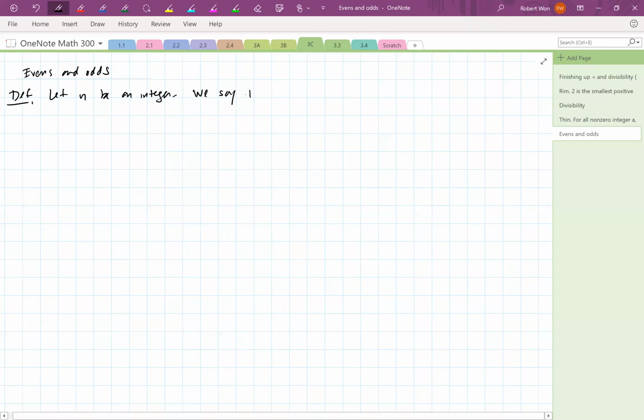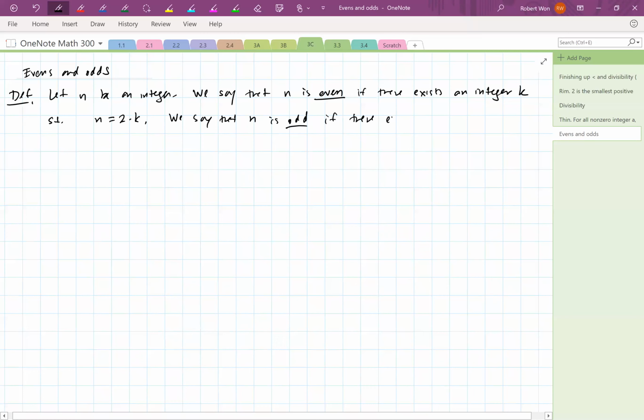We say that n is even if there exists an integer k such that n is equal to 2 times k. We say that n is odd if there exists an integer k such that n is equal to 2 times k plus 1, if it's 1 more than 2 times k.